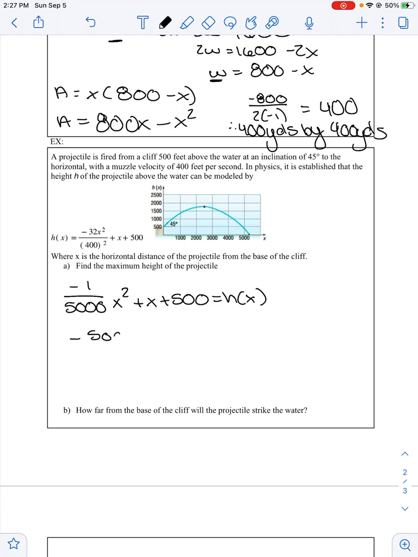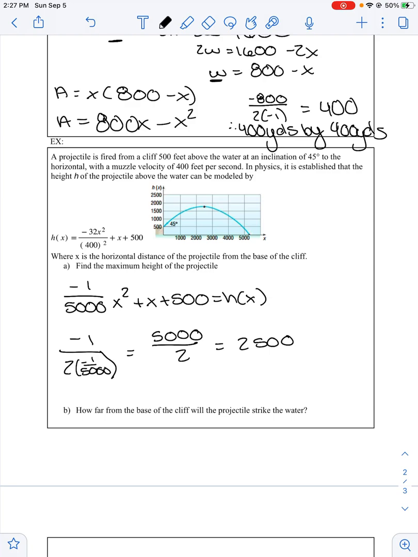So negative b, negative 1, over 2 times a, and a is now negative 1 over 5,000. If we start simplifying, we would get 5,000 over 2, which equals 2,500.